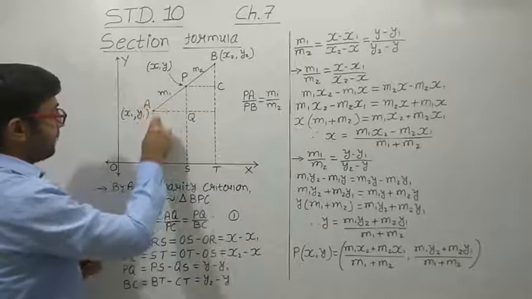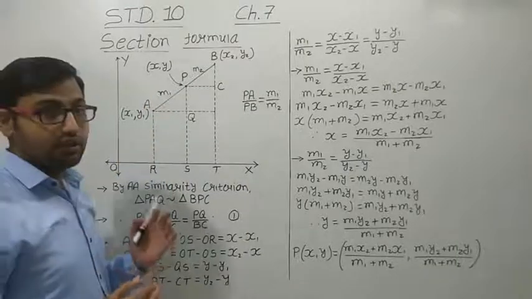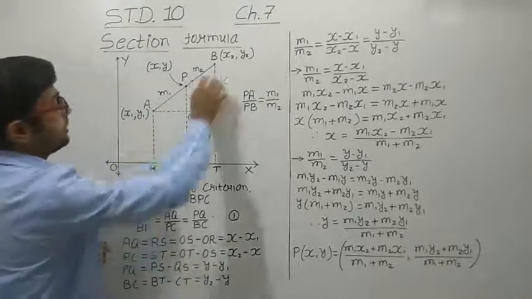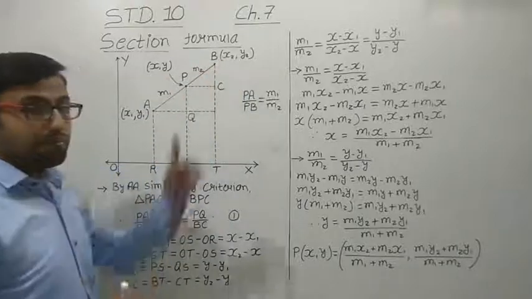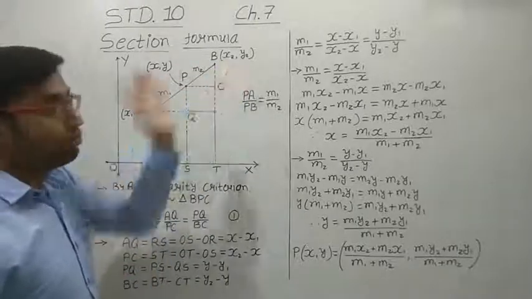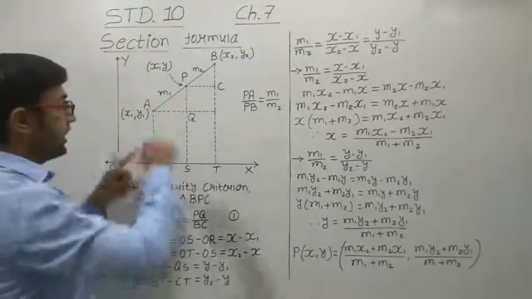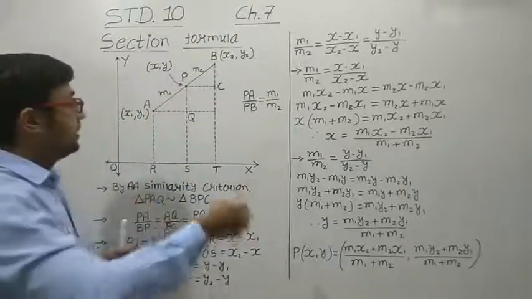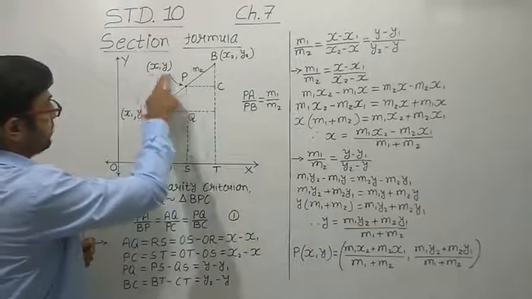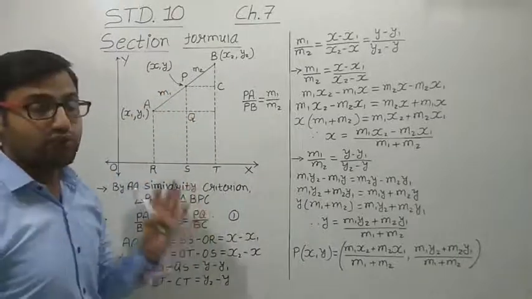This is the point A. Let's suppose its coordinates are x1, y1. This is the point B, and let's suppose its coordinates are x2, y2. And the point P, which divides the line segment into two parts, let's suppose its coordinates are x, y.